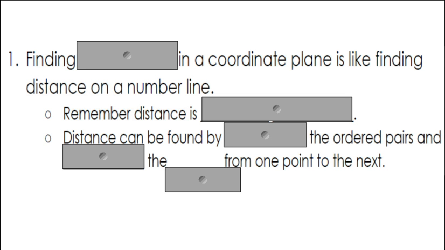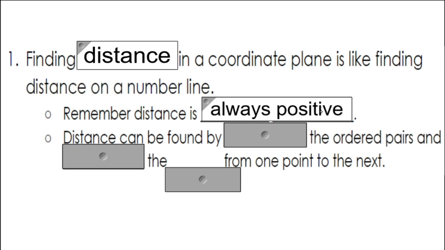For number one, finding distance in the coordinate plane is just like finding distance on a number line. So what we need to remember is distance is always positive. We can have negative numbers, but when we're finding the distance between a negative and a positive or two negatives, it's still going to be a positive answer.